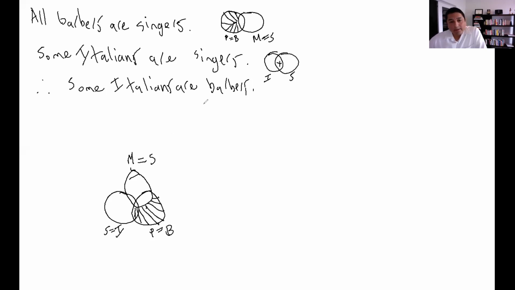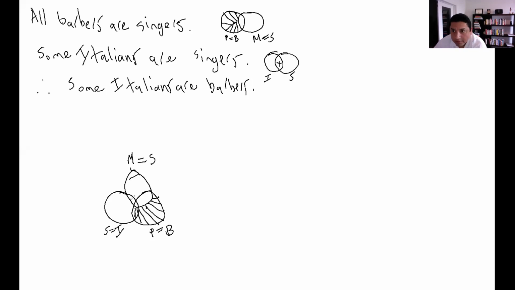Okay, and then the next one is that some Italians are singers. So there exists at least one Italian that is a singer. And notice that that Italian can be in either one of these sectors, right?